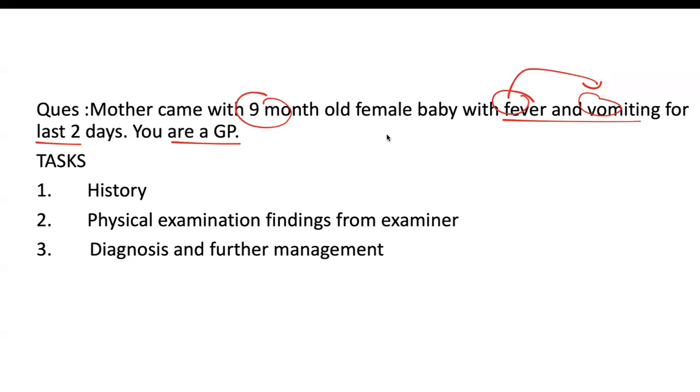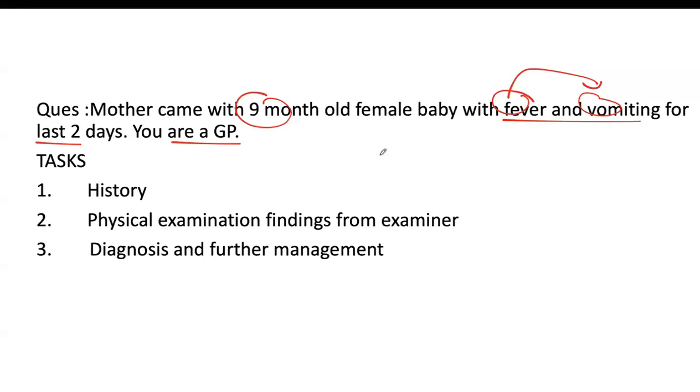Non-GIT causes will come first because you want to rule out meningitis, septicemia, UTI, pneumonia. You want to rule out gastro. Gastro is GIT related, but still you want to rule that out. Those will be your most important differential, and you will start with that first. See how you can change your format based on the stem. That is also important to understand.